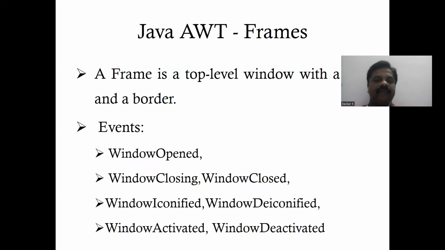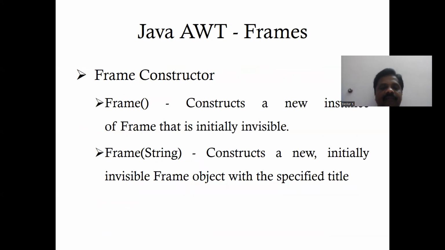Next, Java AWT frames. A frame is a top level window with a border and a title. Events include window opened, window closing, window closed, window iconified, window deiconified, window activated, window deactivated. These are some events we have in Java AWT frames.